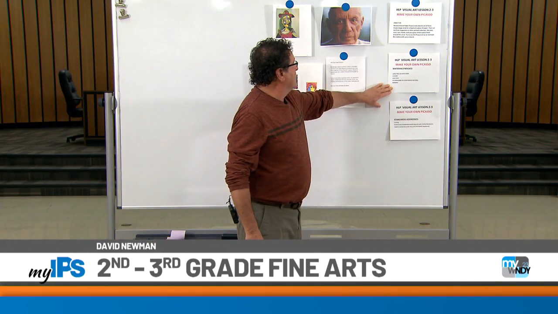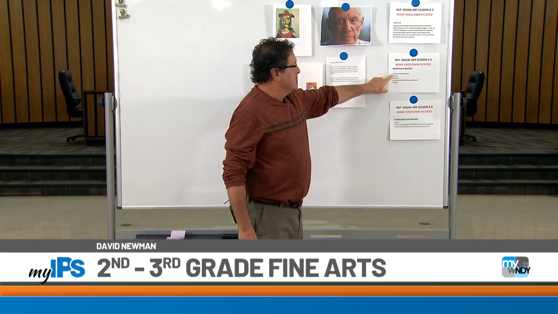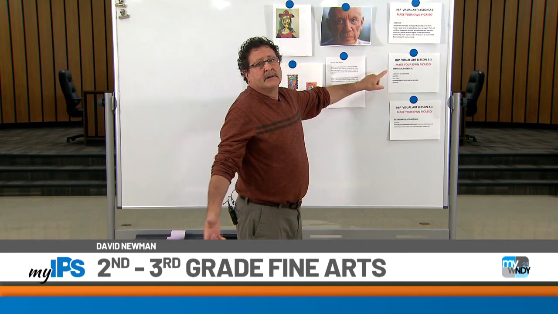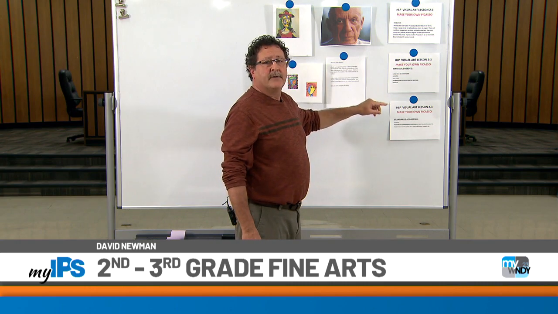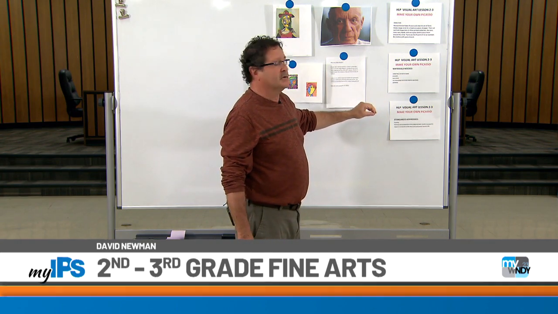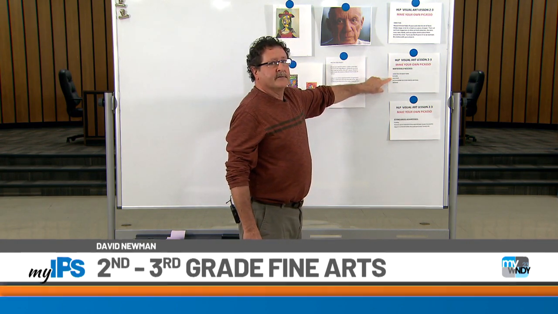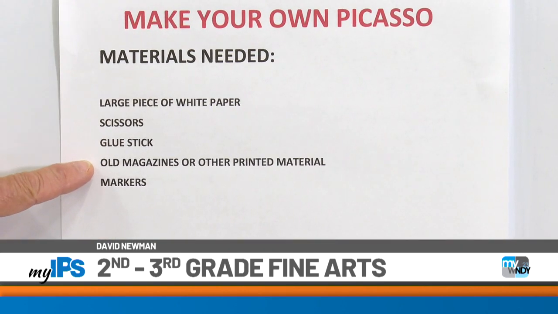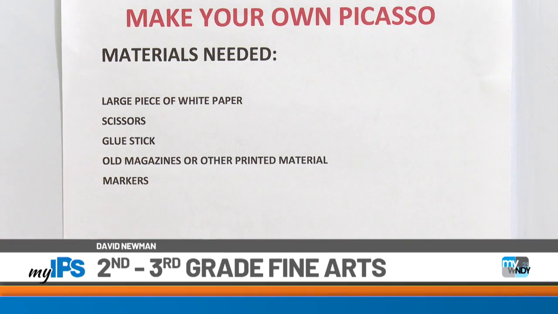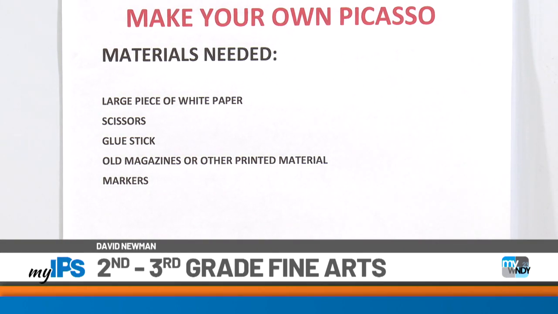The materials that you'll need for this lesson: a large piece of white paper, or really any construction paper that's not incredibly dark so that you can see what you're doing. A pair of scissors, a glue stick, old magazines and other printed material. I want to stress old magazines because when you're done with these magazines, they're not going to be readable, because you're going to do a lot of cutting.